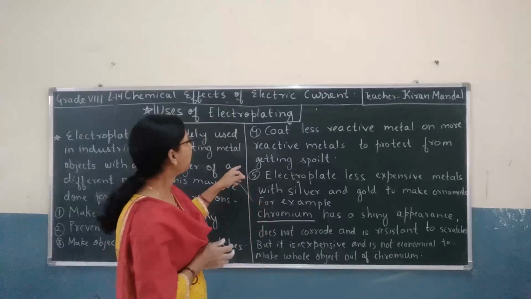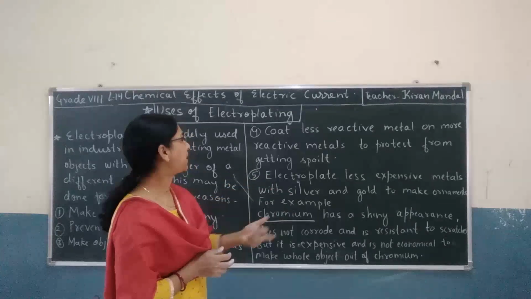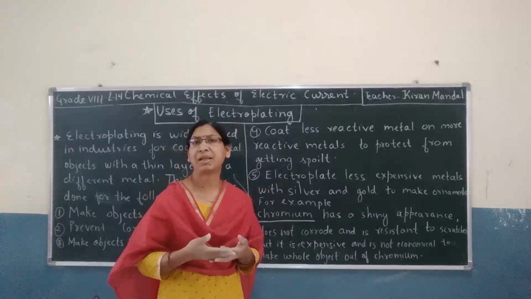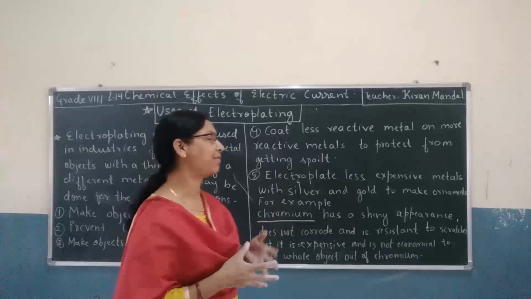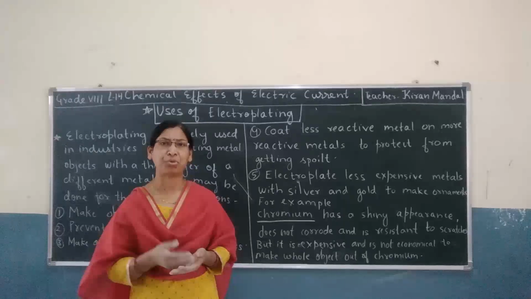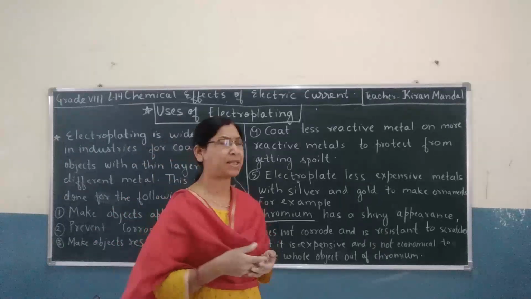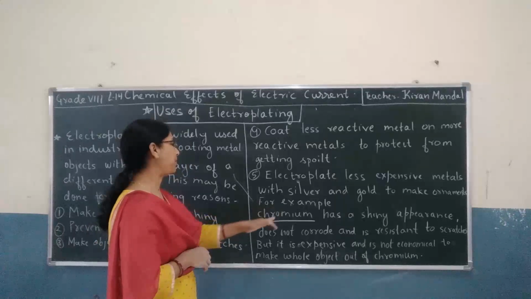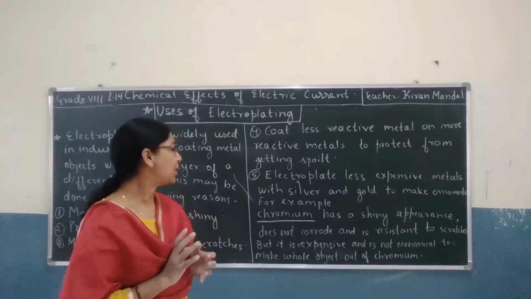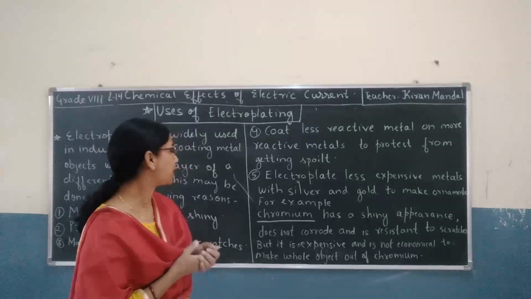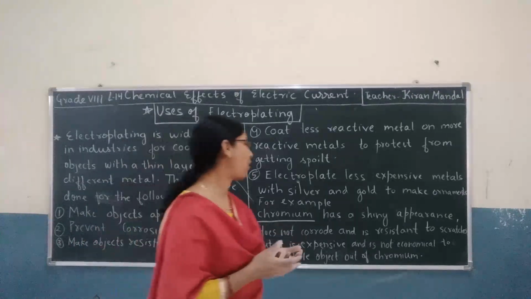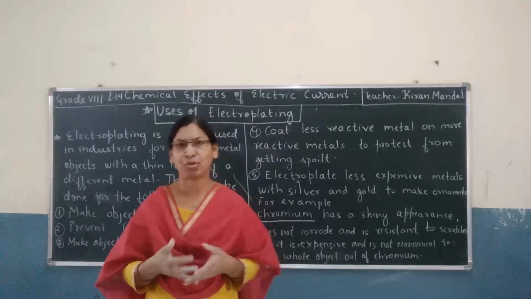Next one, electroplate less expensive metals with silver and gold to make ornaments. We coat with some expensive metals such as gold, silver, etc. So it looks like it is very costly, but actually it is not so. It is only electroplated with expensive metals. For example, chromium. It has a very shiny appearance and it does not corrode also. It is resistant to scratches also, but it is very expensive and is not economical to make a whole object out of chromium.